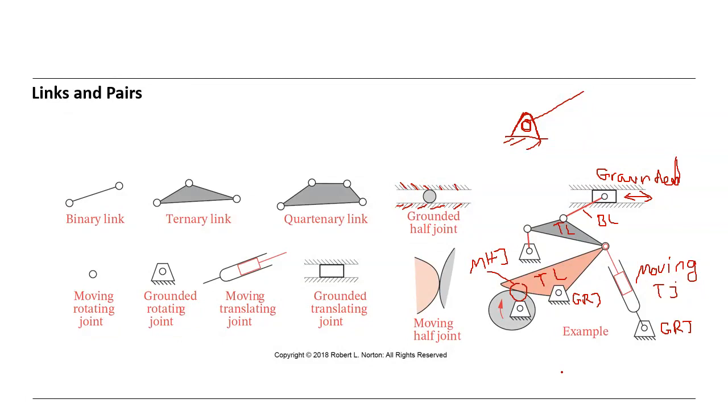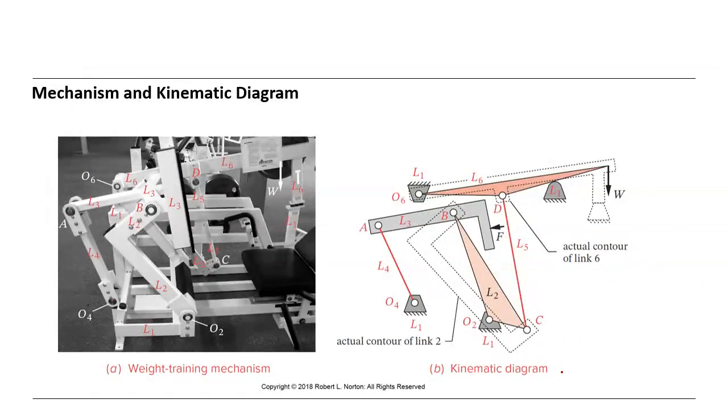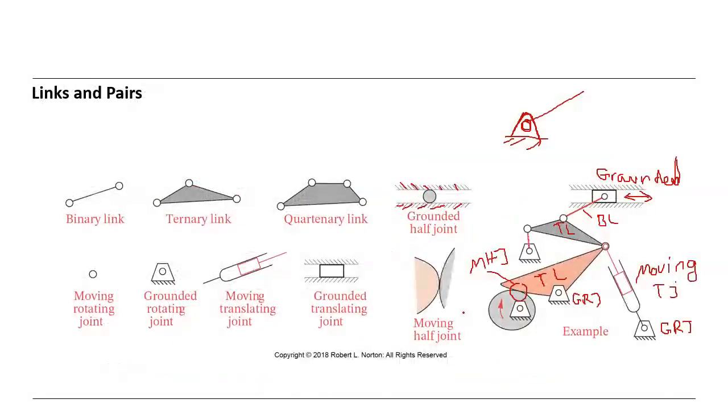So, okay, let's continue. You see we have here a mechanism and kinematic diagram. This is a weight training mechanism in sport. The mechanism seems like this. We have here a rotary joint, here a rotary joint.